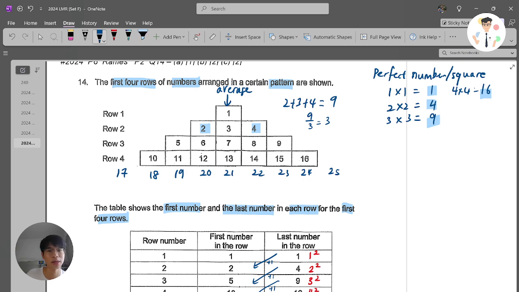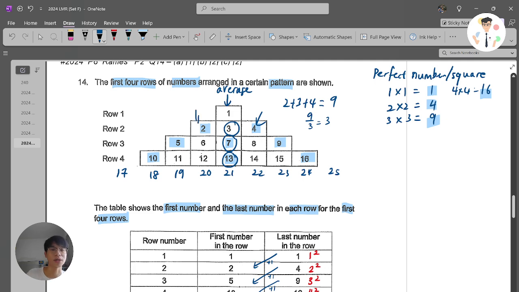So it's actually the middle number. 9 plus 5 is 14. 14 divided by 2 is 7. 16 plus 10 is 26. 26 divided by 2 is 13. So if I want to find the average or the middle number, I can make good use of the biggest number plus the smallest number, divided by 2.